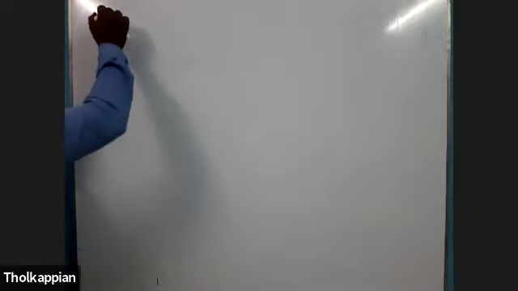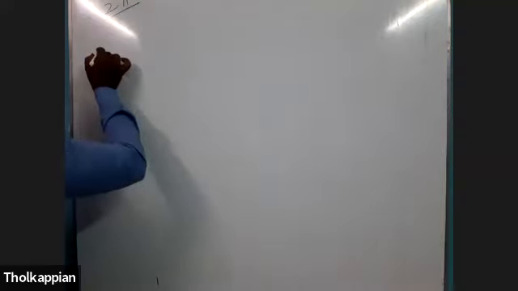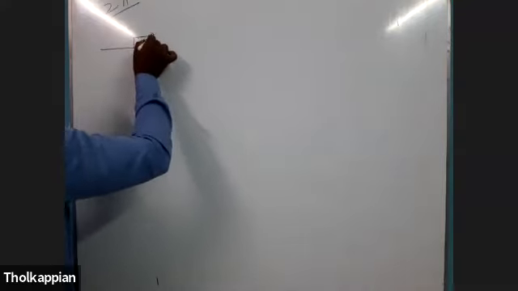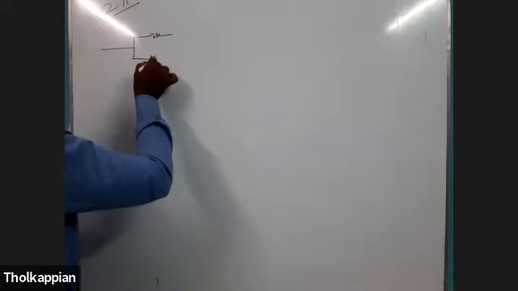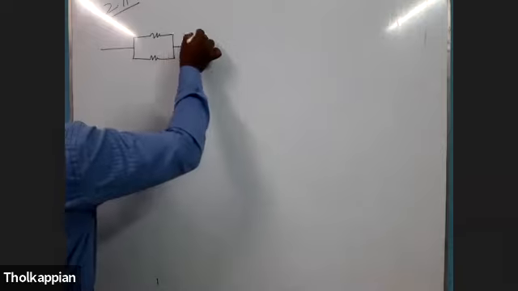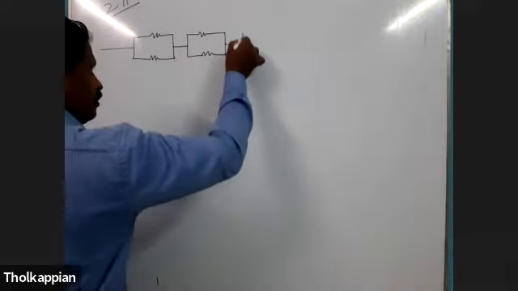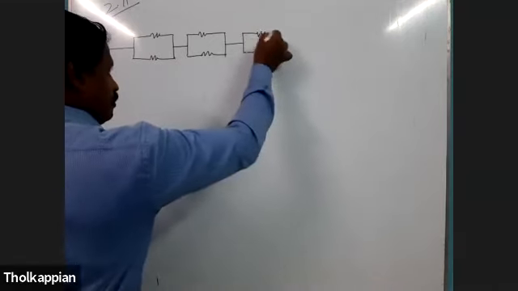Example 2.11. What it says: calculate the equivalent resistance between A and B in the given circuit. So this is the given circuit. Here one resistance, here one resistance, and it is joined. Next, another two resistances are joined, and next another two resistances.